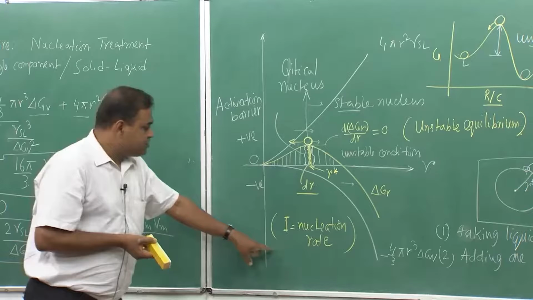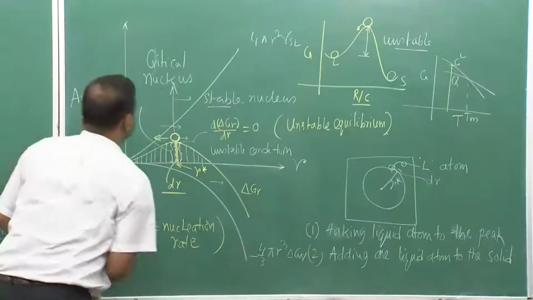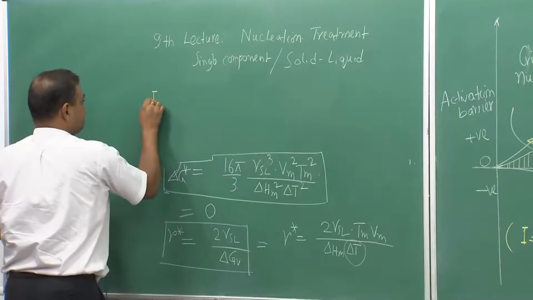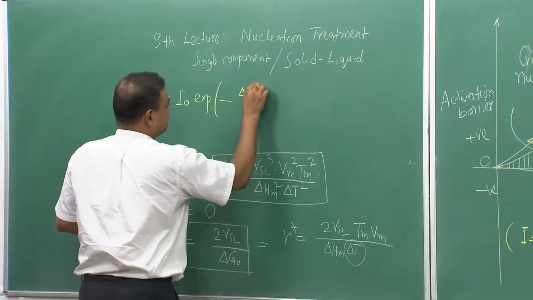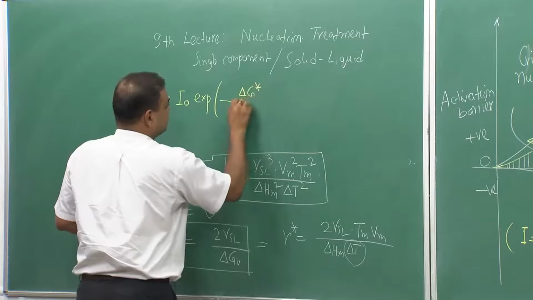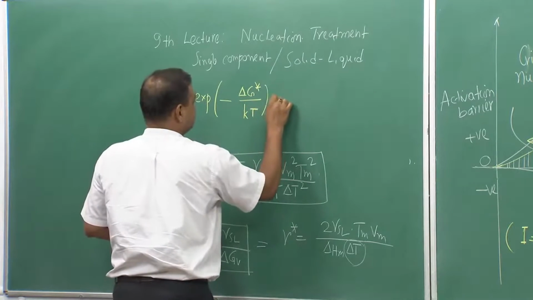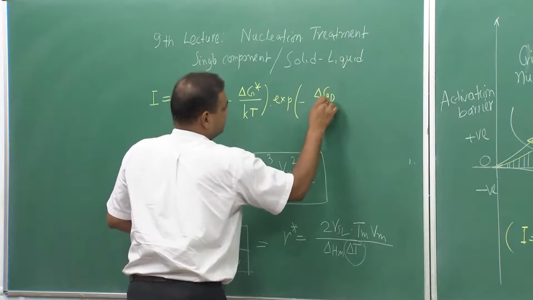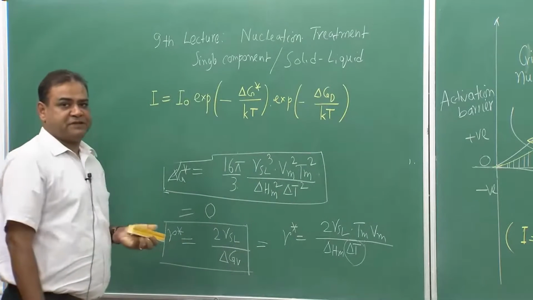Now, if we try to see the expression for I considering these two events, you will see that expression becomes KT. This is that expression.